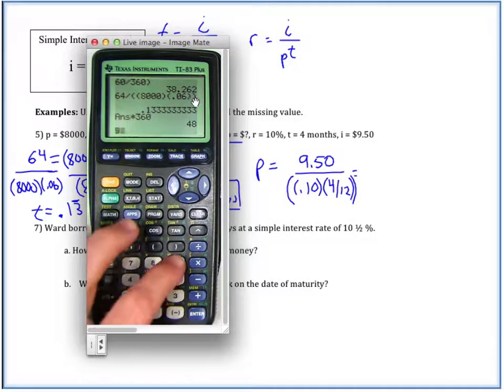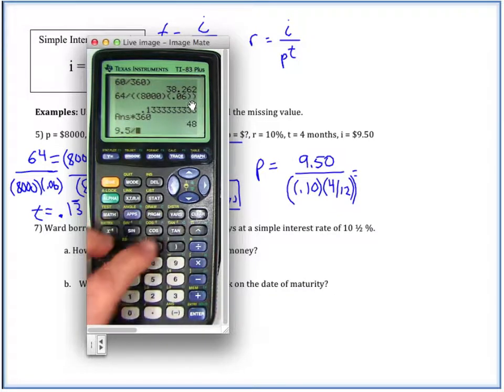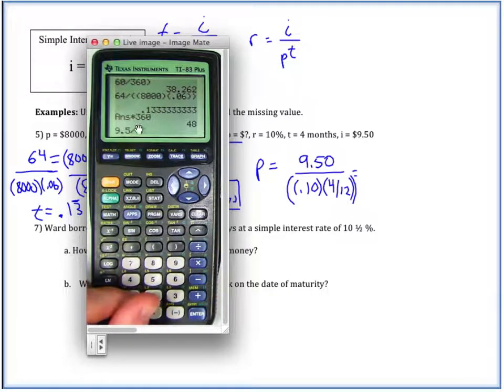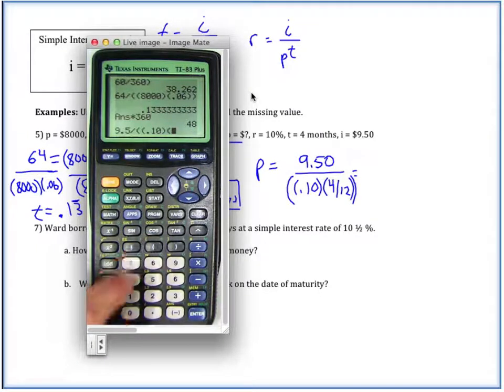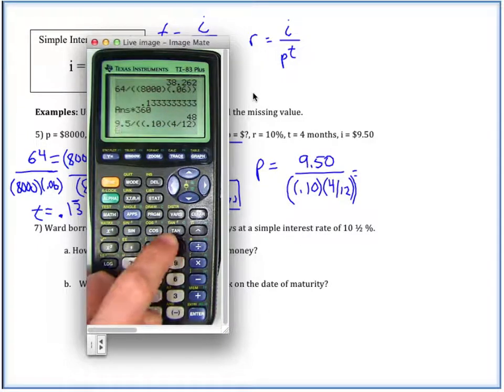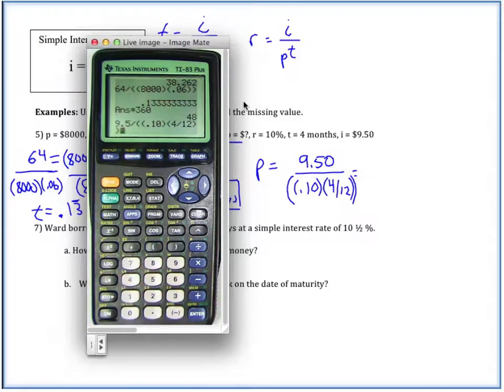We would do 9.5 divided by, here's our extra set of parentheses, and then here is 0.10, we'll close that, and then we need to do 4 divided by 12, and then we'll close off the denominator, hit enter, and we get 285.